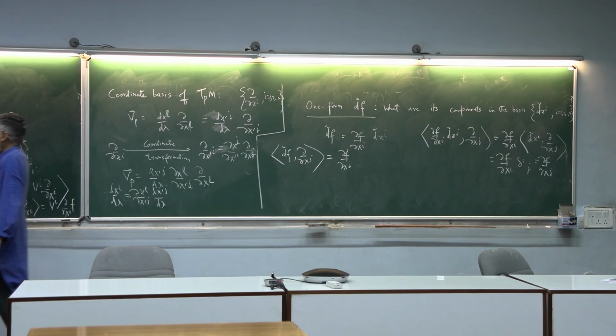This we have already said: at P the set of all one forms is T P star.